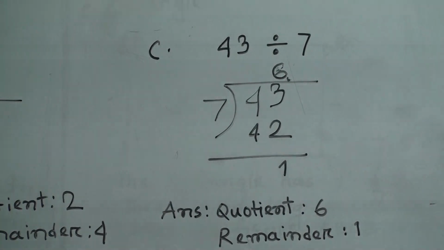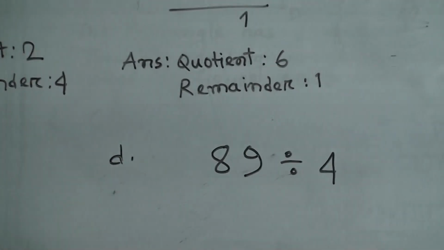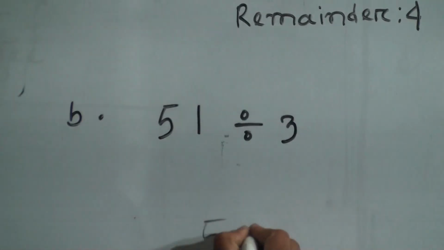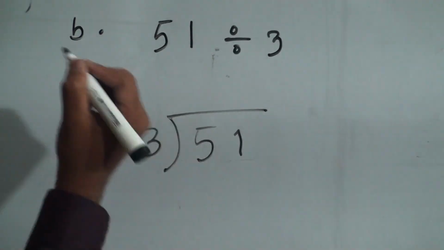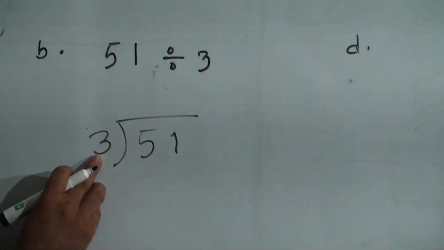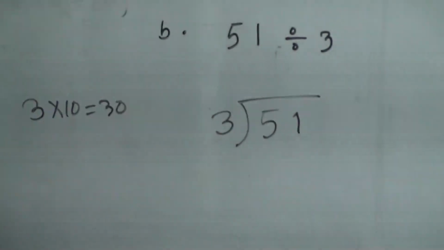Now the next one, number B, 51 divided by 3. Now this is another type of division. Look, you know the times table of 3 up to 10. That means 3 tens are 30.